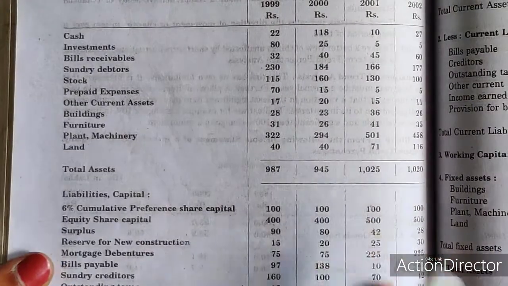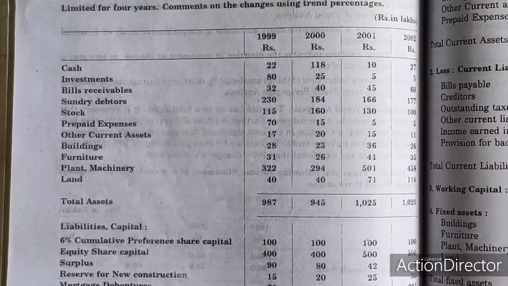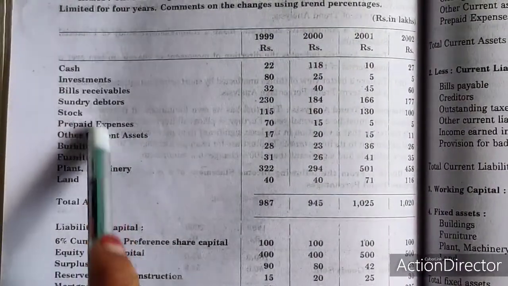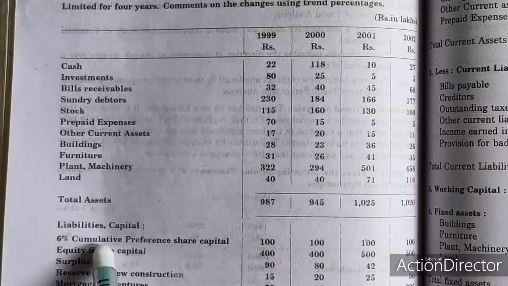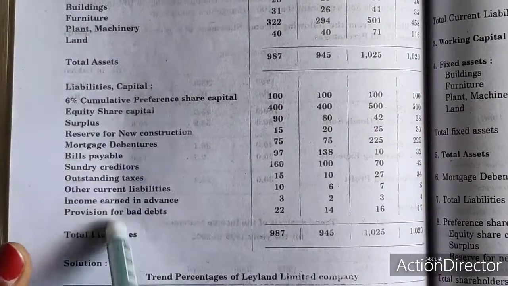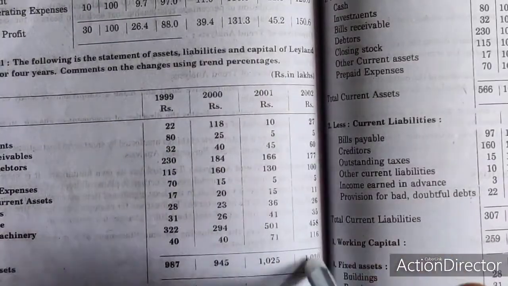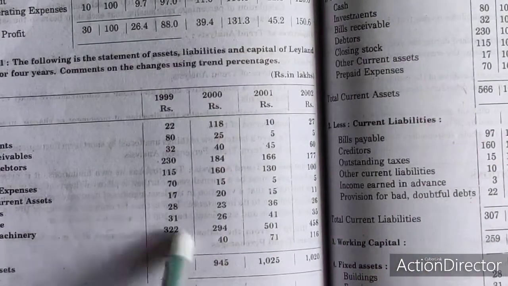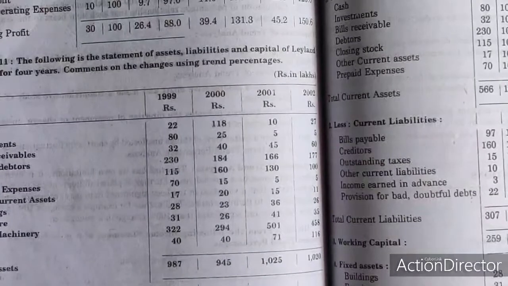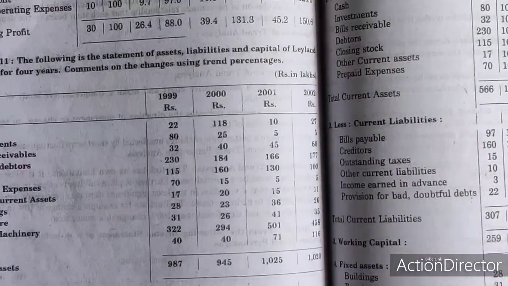So here we are given 4 years' balance sheet. This is about assets information, and this is about liabilities information. So 1999, 2000, 2001 and 2002. Here also we have to select 1 year as the base year and assign index number 100 to each and every item in that base year.